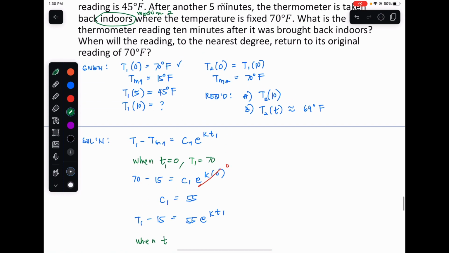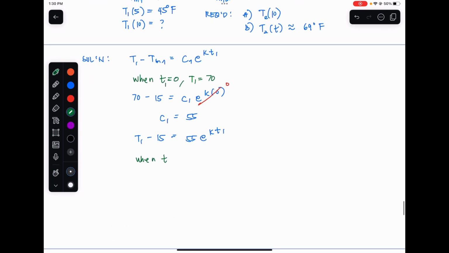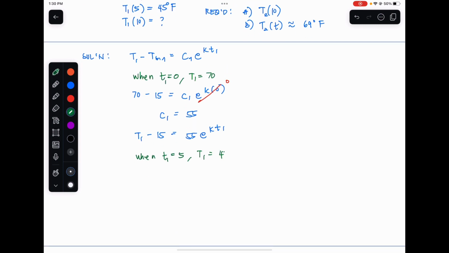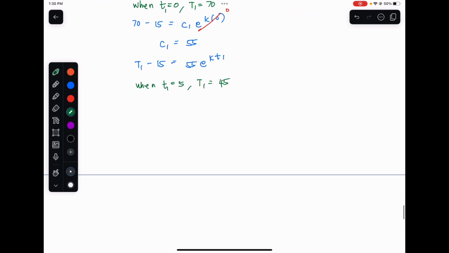And then when t is 5, the temperature drops down to 45. So 45 minus 15 is equal to 55 e raised to K times 5.